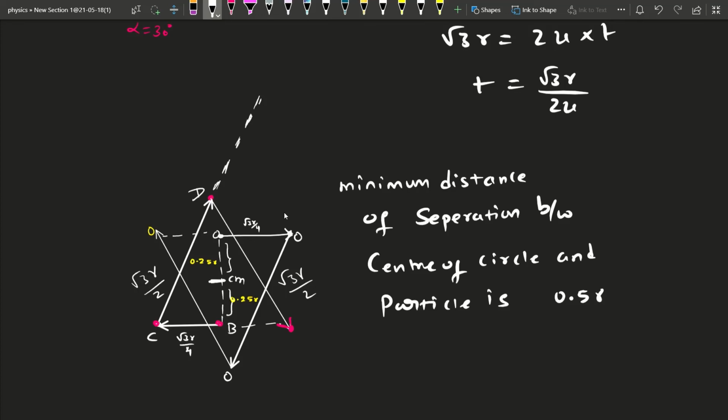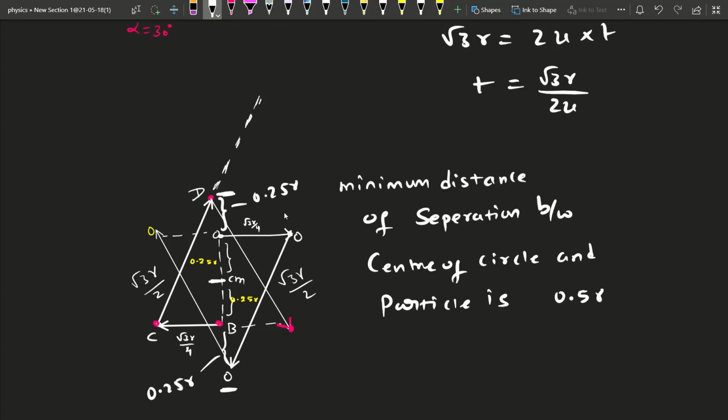You can see the center is here, and this is the particle, and this is 0.25, and this is also 0.25 only. You can calculate it by using the geometry of the diagram, and we will get this one also 0.25.